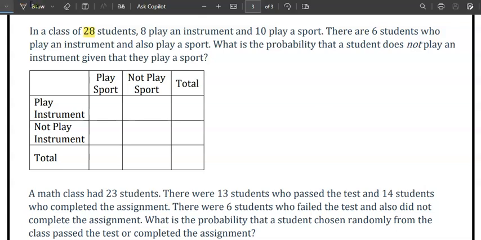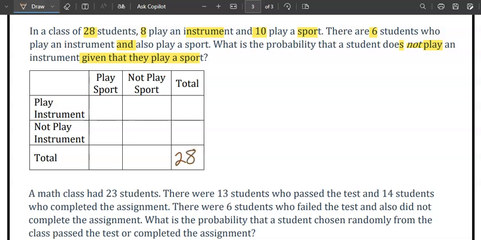In a class of 28 students, 8 play an instrument and 10 play a sport. There are 6 students who play an instrument and also play a sport. What is the probability that a student does not play an instrument given that they play a sport? First, we want to fill out a contingency table for this. The total number of students is 28.